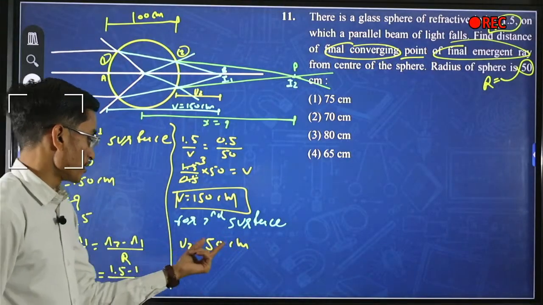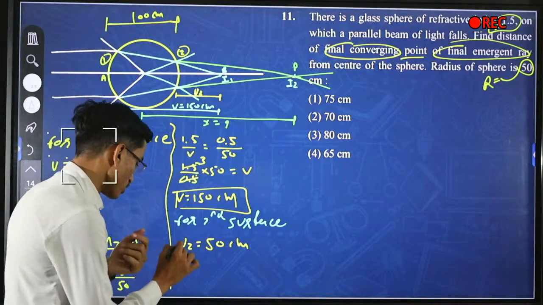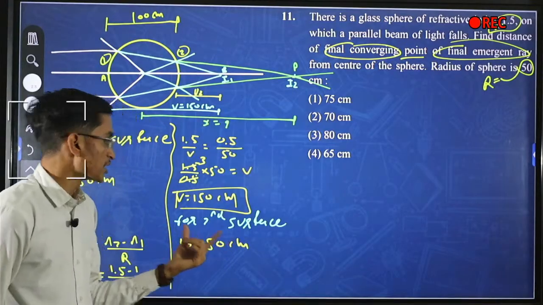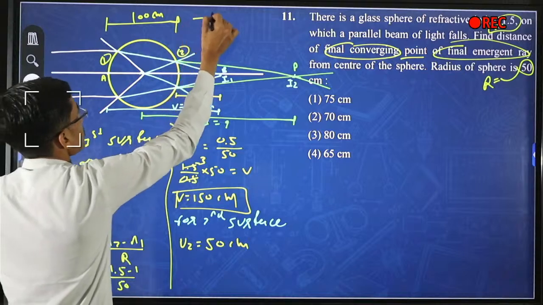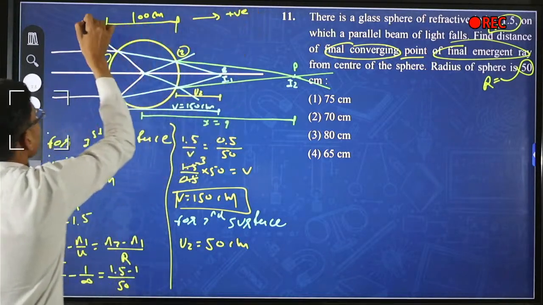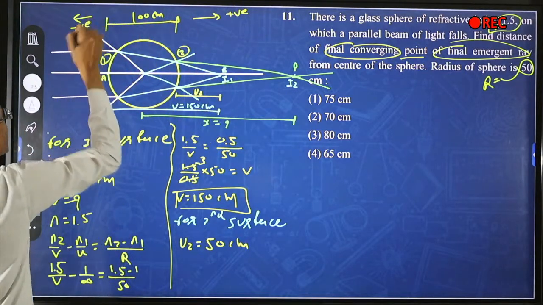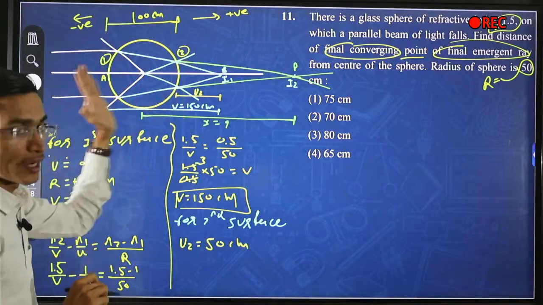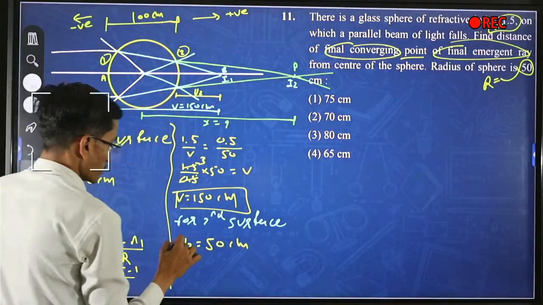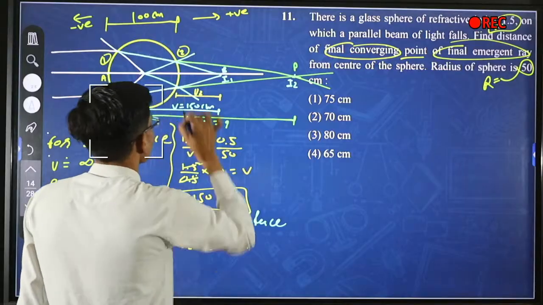We consider u2 is equal to 50 centimeter because this direction is considered positive and this direction negative, since the rays are coming from left to right. So this is u2 of 50 centimeter for the second surface.